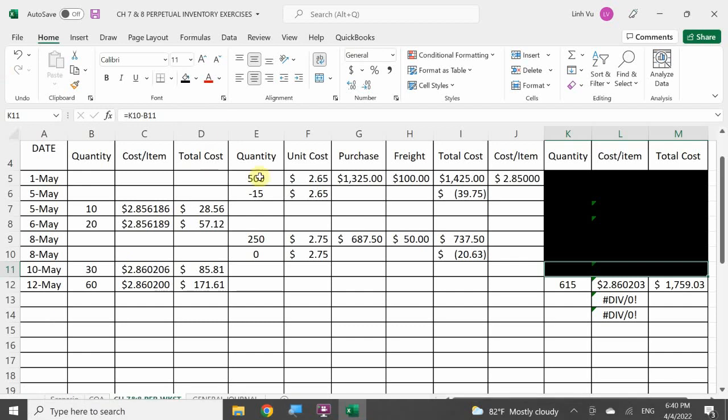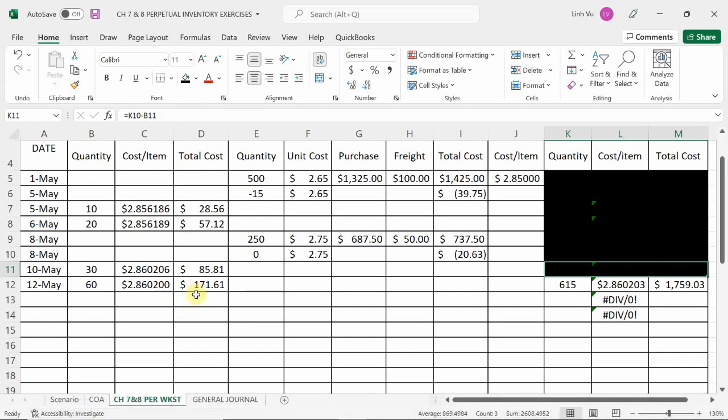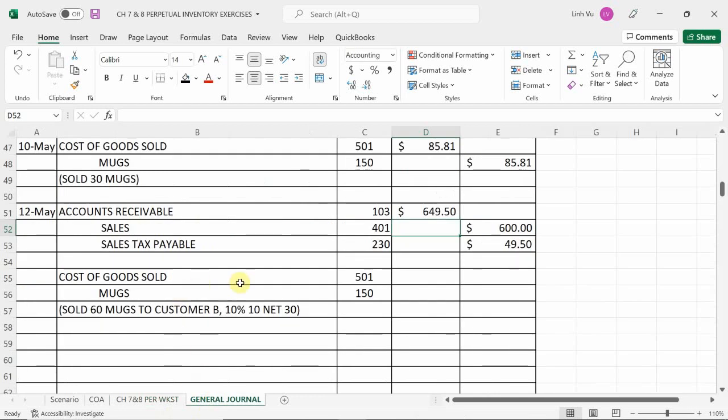And this is what my total cost of goods sold cost me for selling 60 units: $171.61.